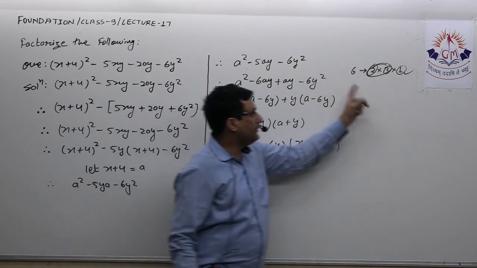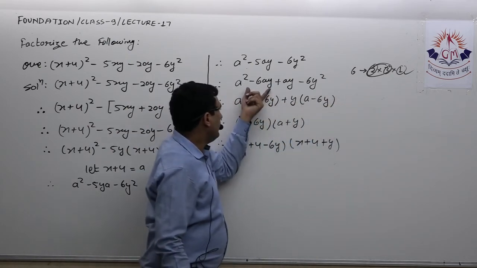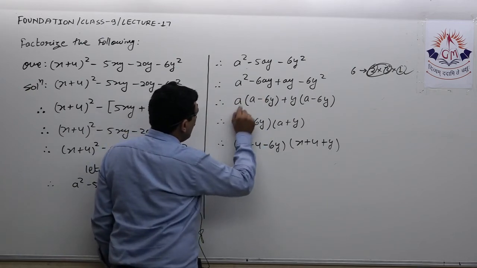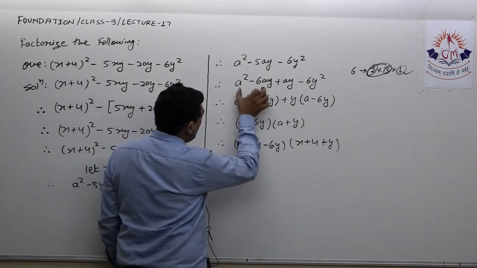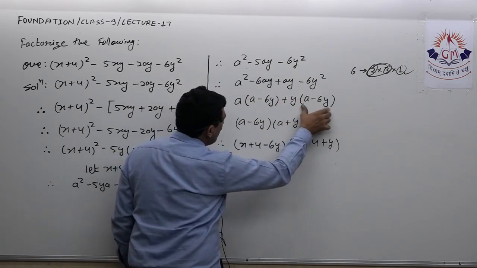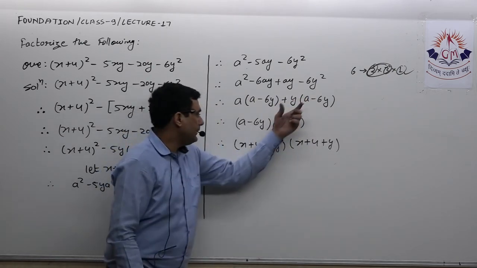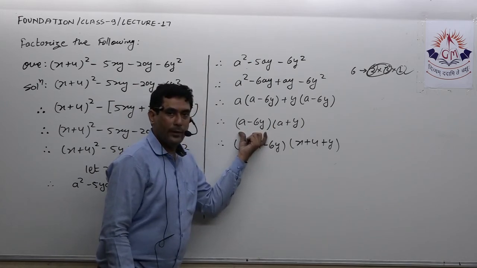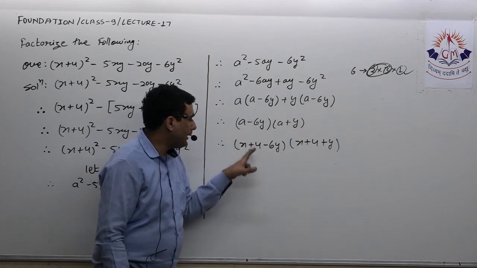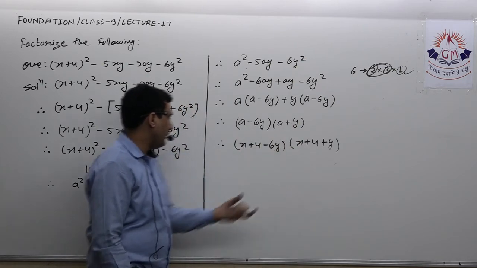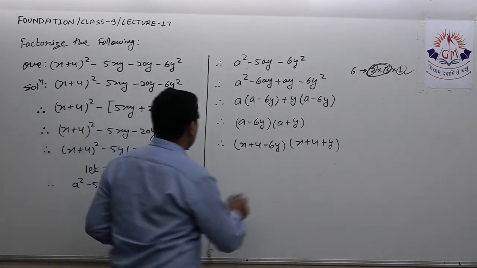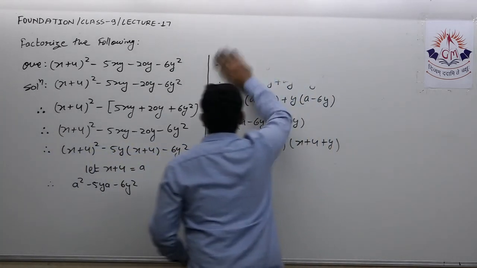So again I made a different group, 6 and 1. So here minus 6ay plus ay. Now from these two I can take a common easily, so I will get a minus 6y. From these two I took y common, so again here I got a minus 6y. And then it is very easy to take a minus 6y common. I am left with a plus y. And finally what I did, I put back the value of a, that was x plus 4, that I assumed over here. So I hope this is clear to you. Now we will see the next question.